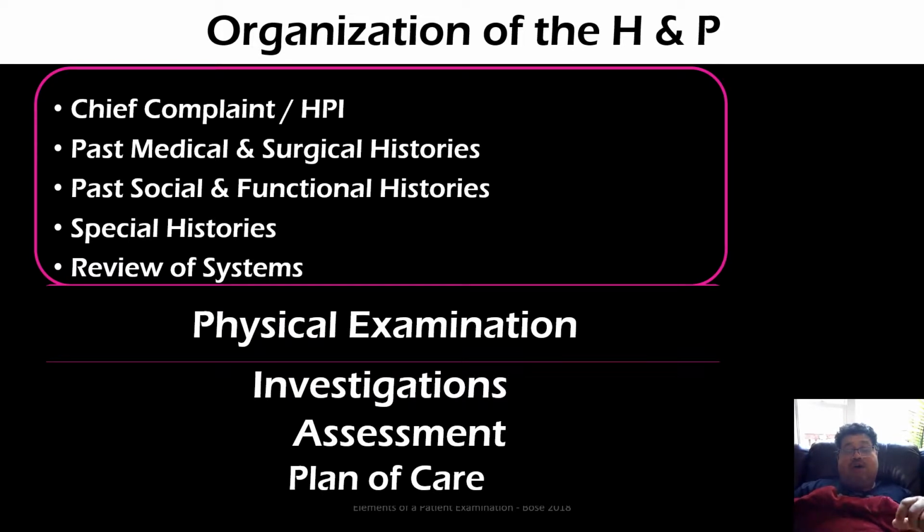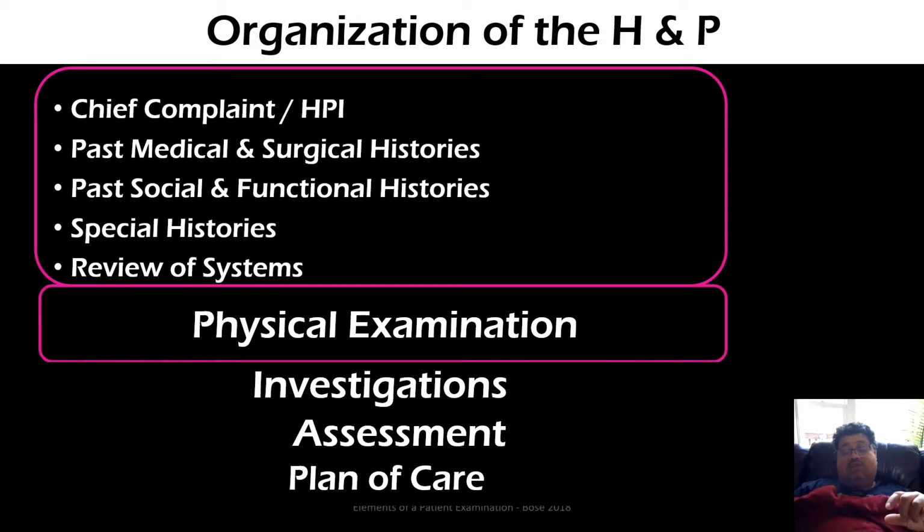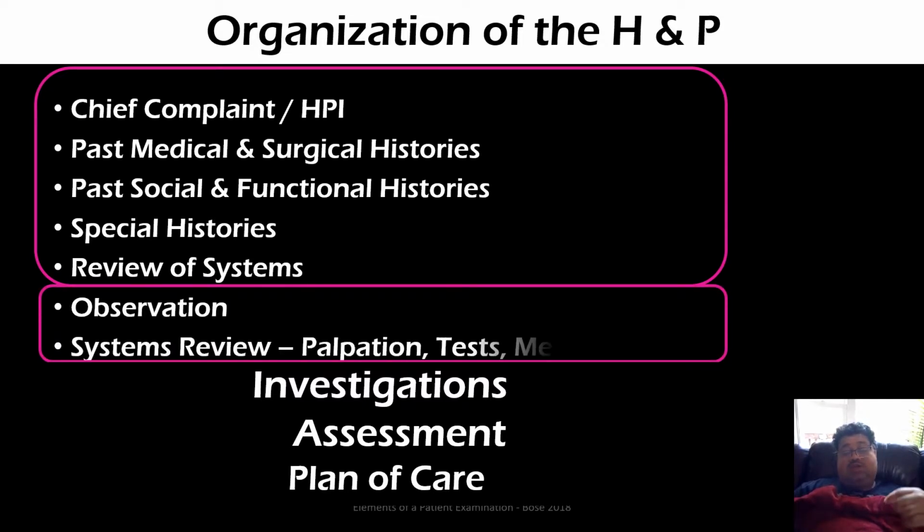And after we have gone, this entire section is the history section. There is no hands-on component here. You don't touch the patient unless you have a fair understanding of these histories. Next is physical examination. This is the hands-on component of the examination.